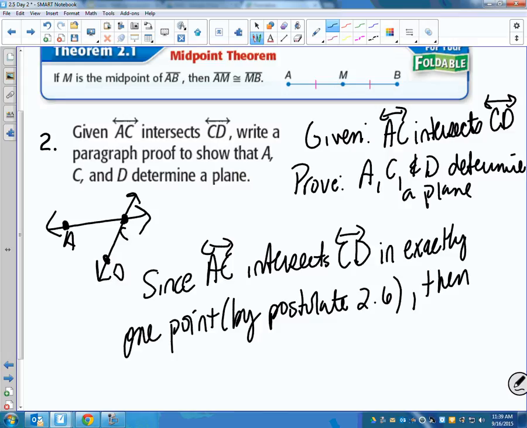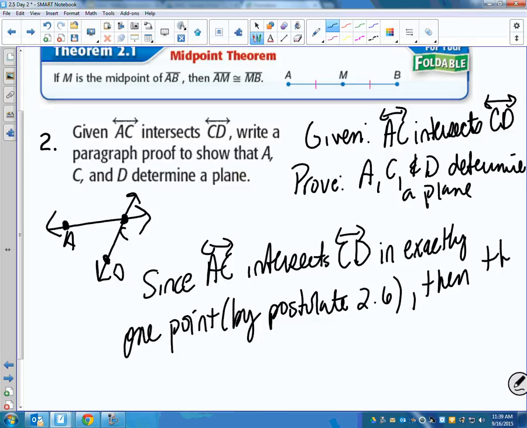Could I say then I know A and D are not collinear? You agree with that? If AC intersects CD in only one point, do you think we should say that it intersects at point C?